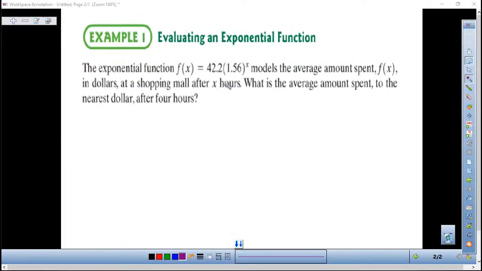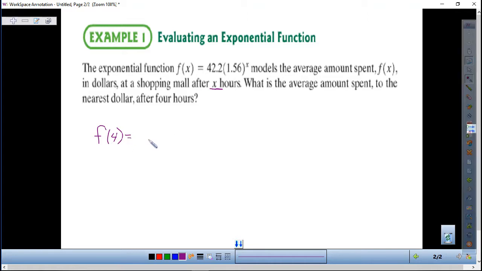All right, so at that point, x is the number of hours. So all we're doing, we're going to find f of 4, which means we're just going to plug in 4 everywhere we've got an x. So we have 42.2 times 1.56 raised to the 4th power.